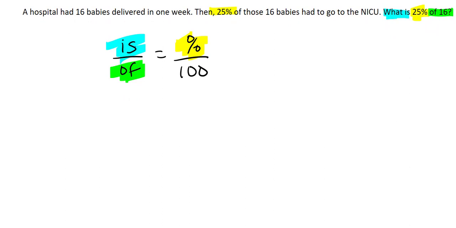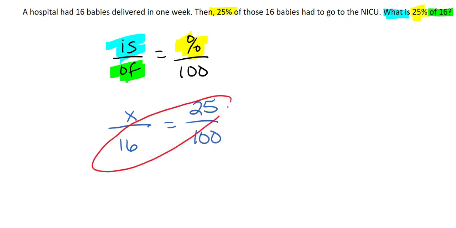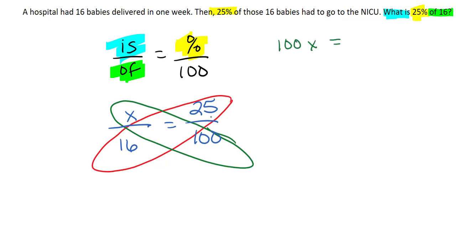So we have is, which can be x, over of, which is 16, the percent, which is 25, over 100. We're going to do the same thing and cross multiply. So we have 100 times x, and then we have 16 times 25. Then we can multiply this part out first.